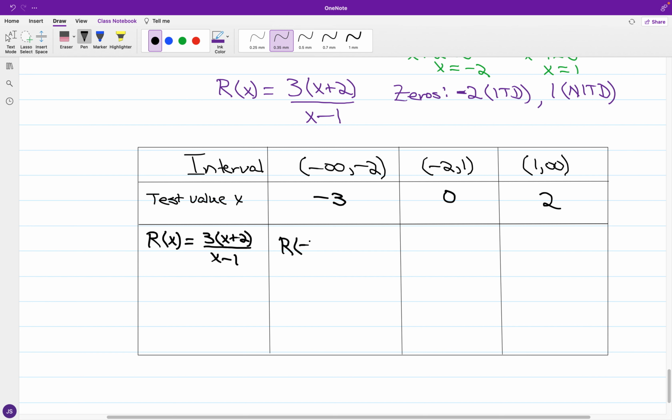So looking at what we have here for the value of the rational function. Okay, so for r of -3, you have 3 times, okay, -3 plus 2 is -1. 3 times -1 is -3. And we have -3 minus 1 is -4. So you got -3 over -4. And a negative over a negative becomes a positive.